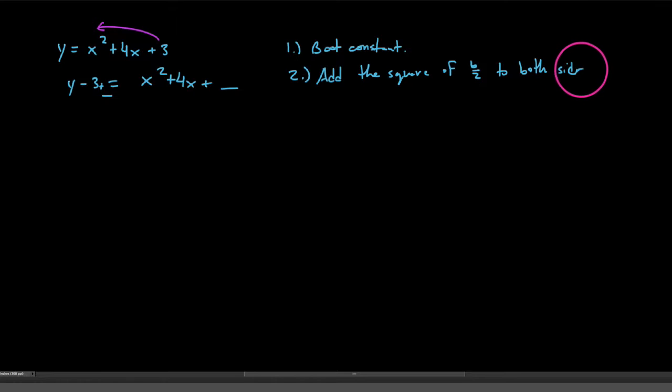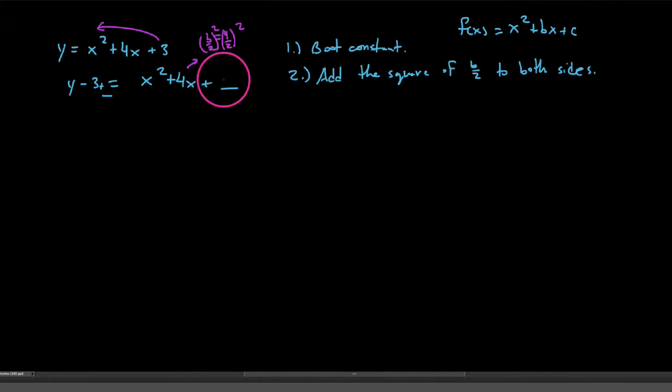Now when I mention b, essentially we have something that looks like x squared plus bx plus c. And so to add b halves squared to both sides, basically our b value is equal to 4 here. If we were to cut that in half and square it, half of 4 is 2 and 2 squared is 4.